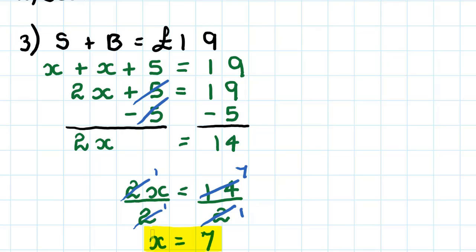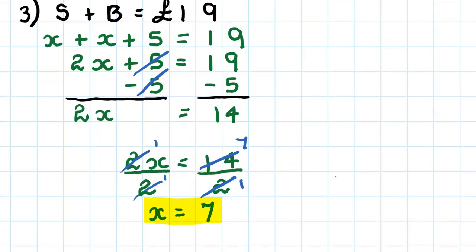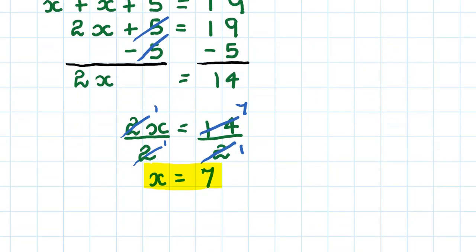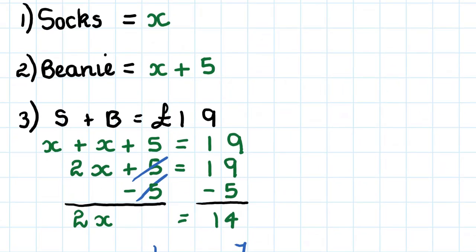Now part A of the question asks us, how much does the beanie cost? So step 4, we substitute the value where we see x. So step 4, the beanie. How much does it cost? Let's have a look at the expression for the beanie. Here it is, x plus 5.